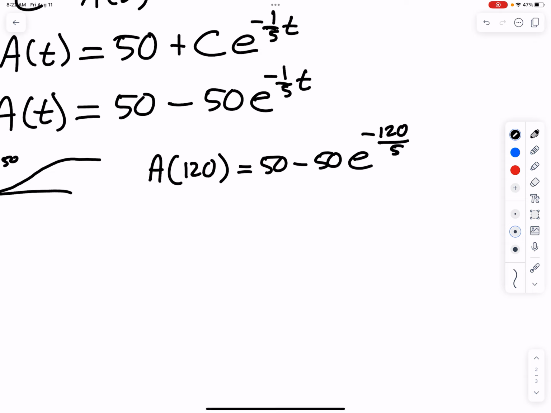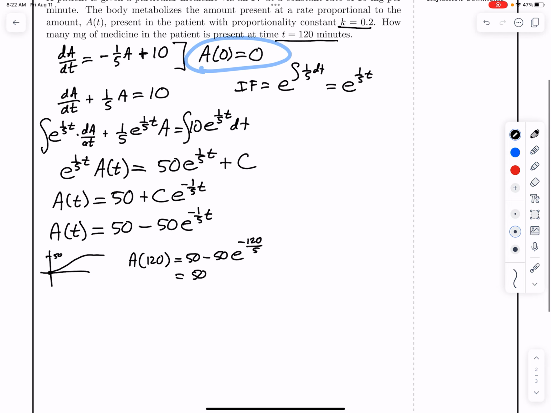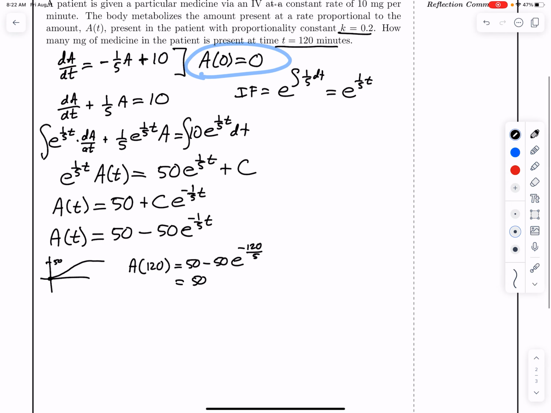You can leave it in exact form, or if you like, you could use a calculator. Let me just type this in. And I am getting basically 50. So this term is essentially 0, and so the transient term is basically 0, and so you essentially just get exactly 50. All right, and that is how you would solve that problem right there.